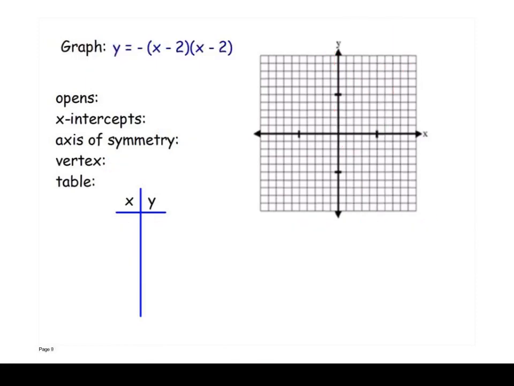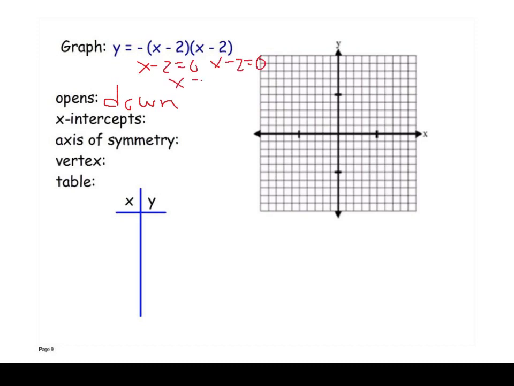Alright, so the last problem on this video is y is equal to negative (x minus 2)(x minus 2). It opens down because our leading coefficient is equal to negative 1, or it's negative. Our x-intercepts are found by setting our x values equal to 0: x minus 2 equals 0, and x minus 2 is equal to 0.